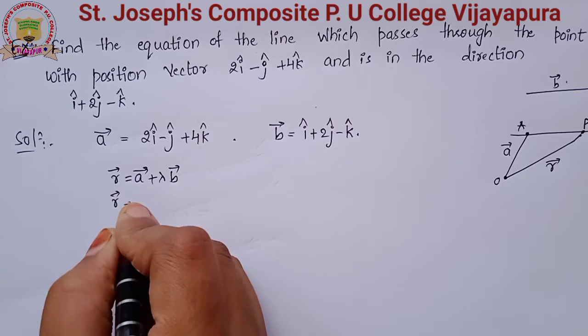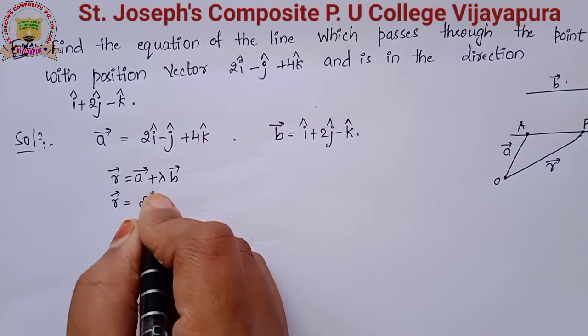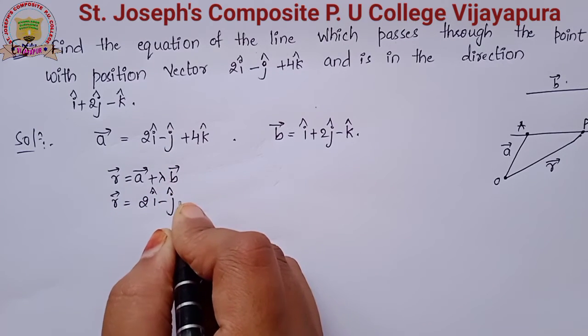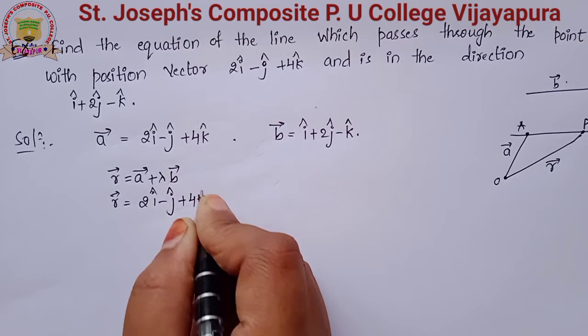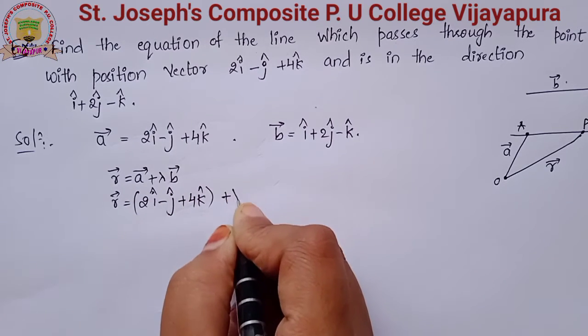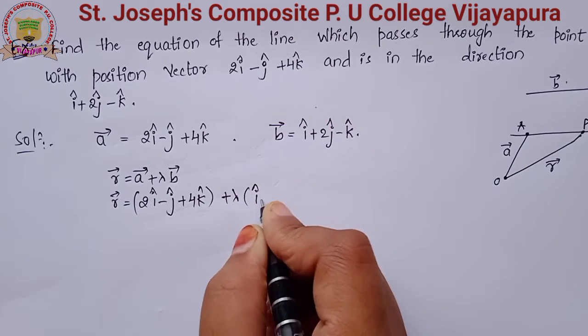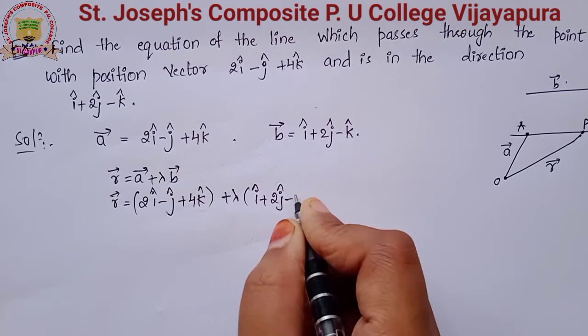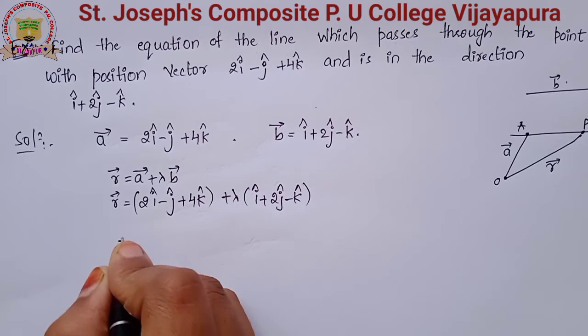So r vector is equal to 2i - j + 4k plus lambda (i + 2j - k).